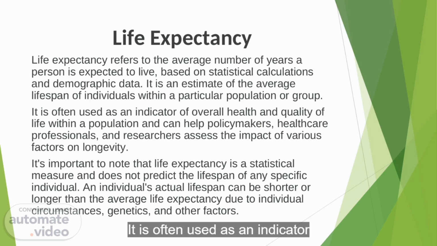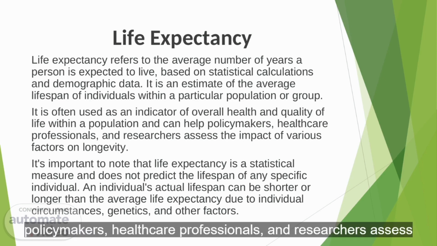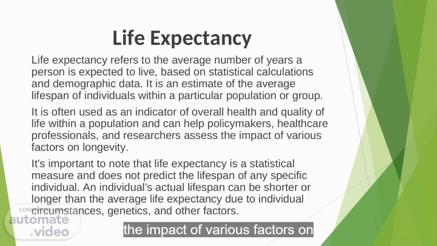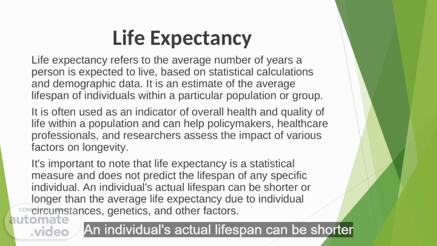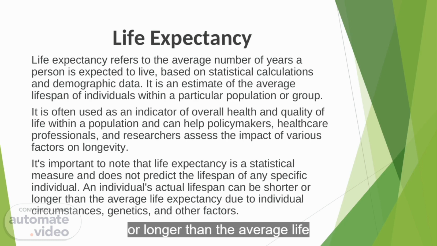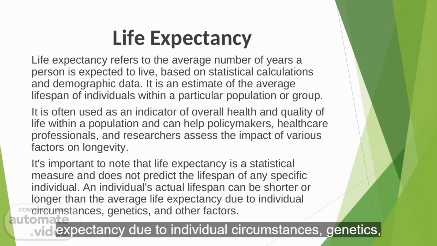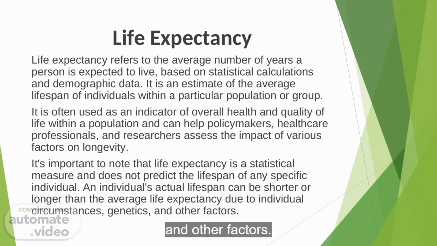It is often used as an indicator of overall health and quality of life within a population and can help policymakers, healthcare professionals, and researchers assess the impact of various factors on longevity. It's important to note that life expectancy is a statistical measure and does not predict the lifespan of any specific individual. An individual's actual lifespan can be shorter or longer than the average life expectancy due to individual circumstances, genetics, and other factors.